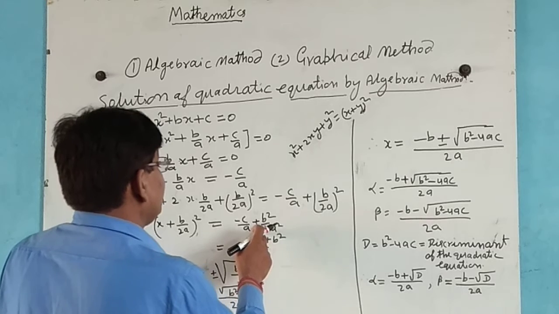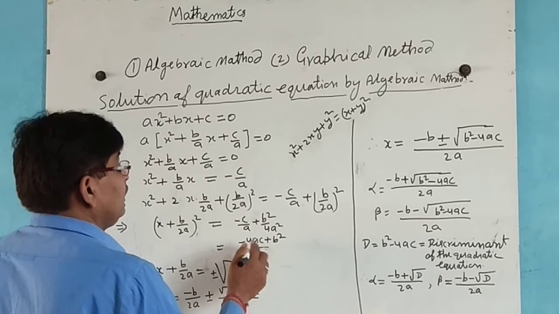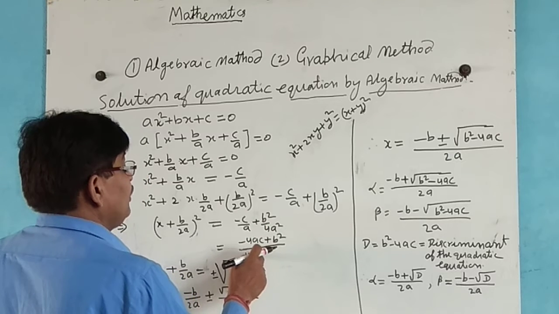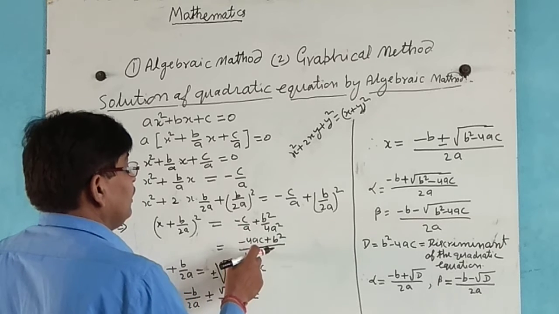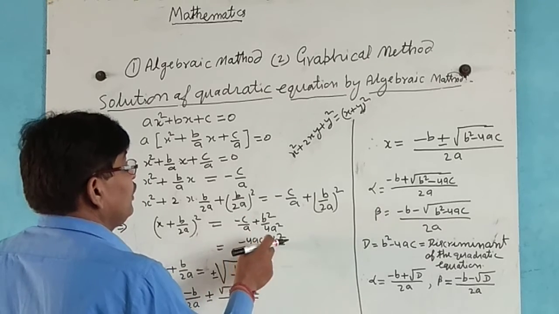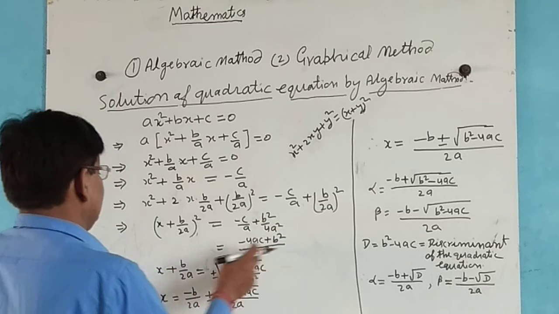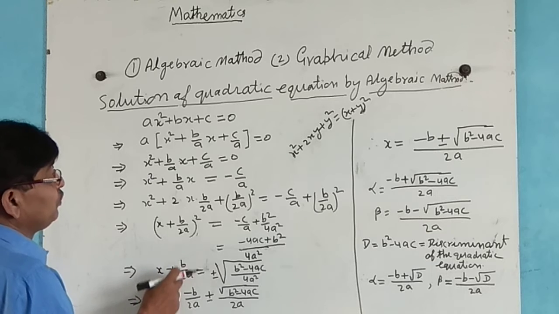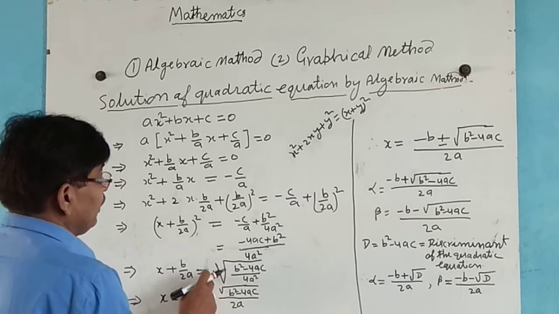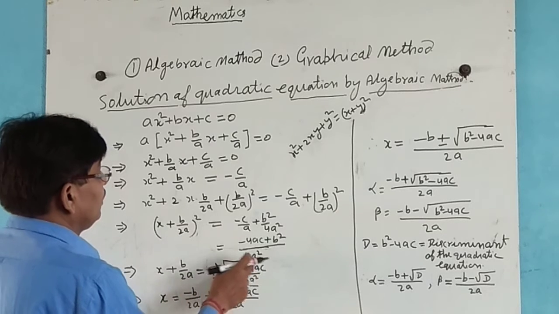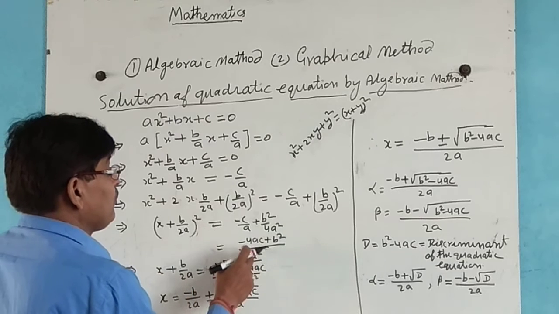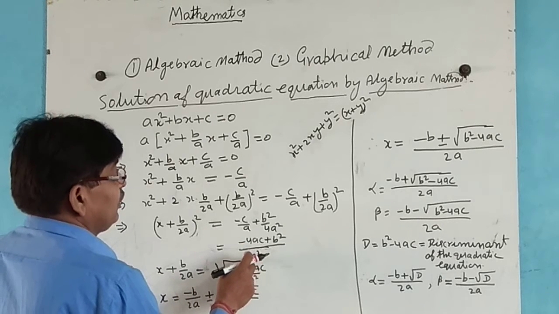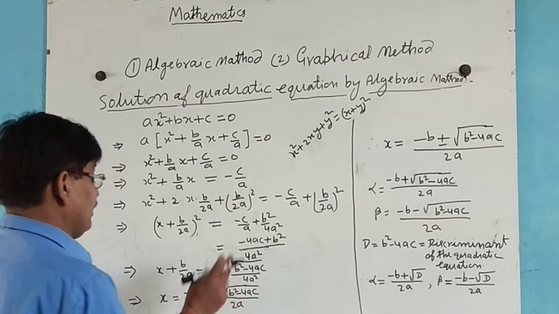After that we take LCM, 4a square, a cancel, minus 4ac plus b square. Here x plus b by 2a equal to plus minus under root b square minus 4ac divided by 4a square.